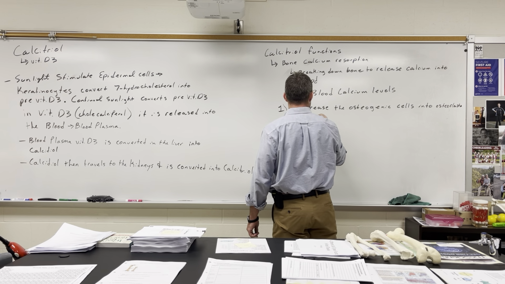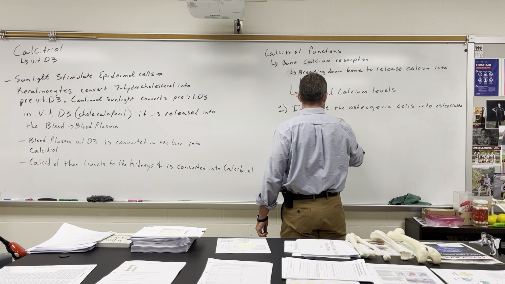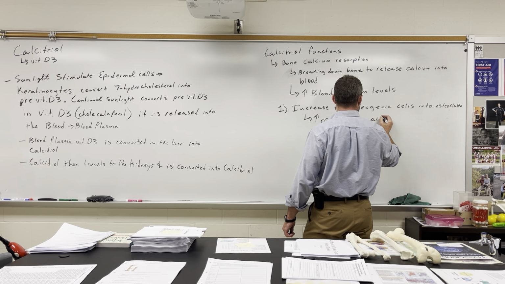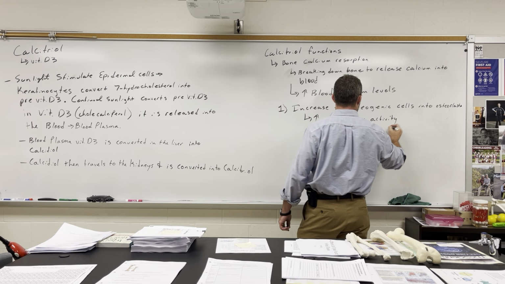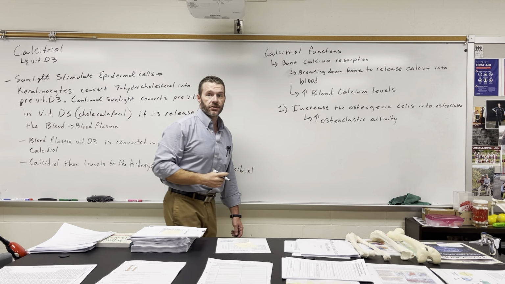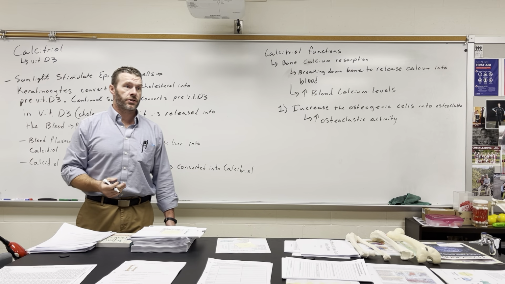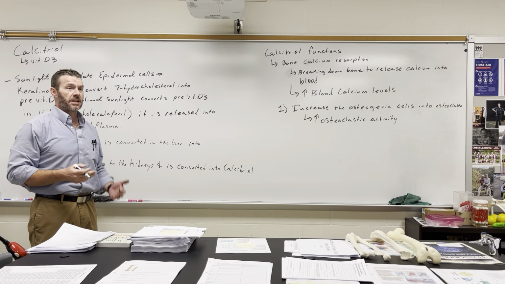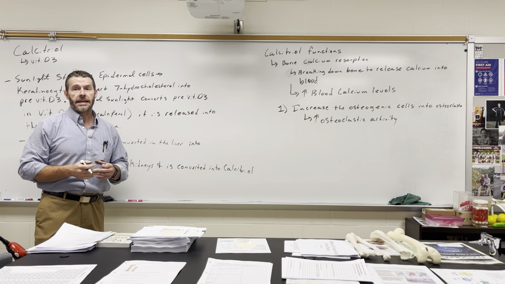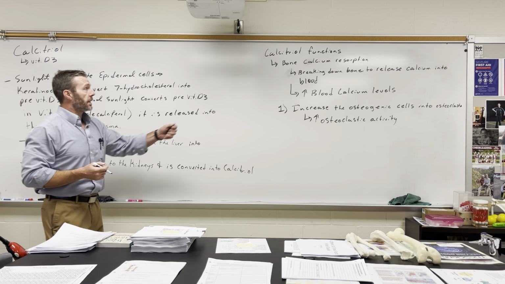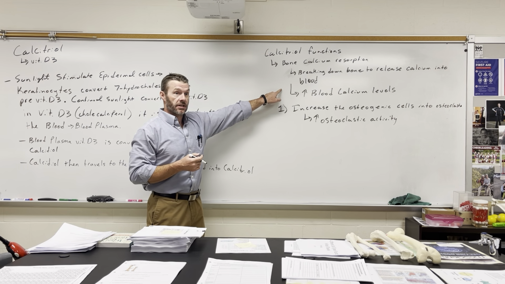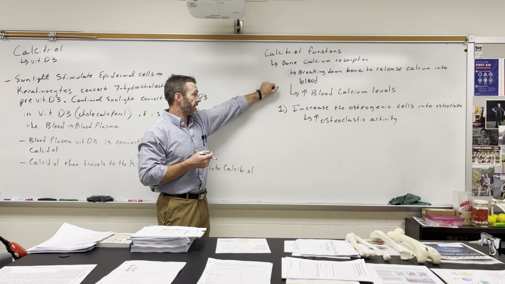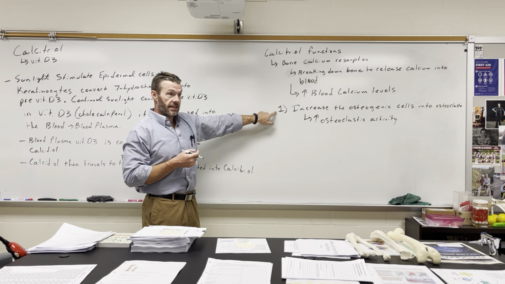Now, this increases osteoclastic activity. Now, osteoclastic activity is to break down bone tissue, which is called bone resorption, right? Releasing calcium that is stored in the bone into the blood, therefore increasing blood calcium levels. So the general point of what we're trying to get here has already been stated. These are just the ways that it does it.